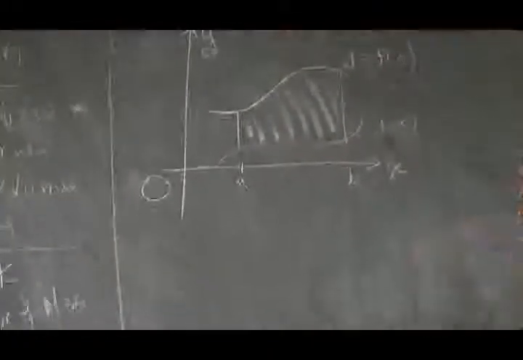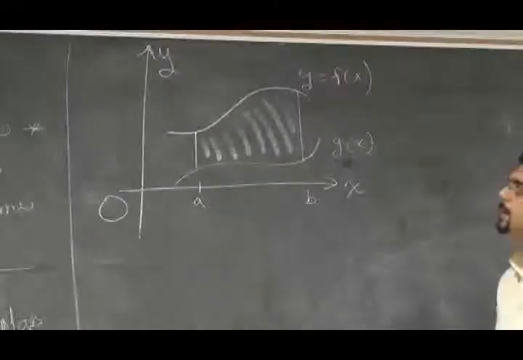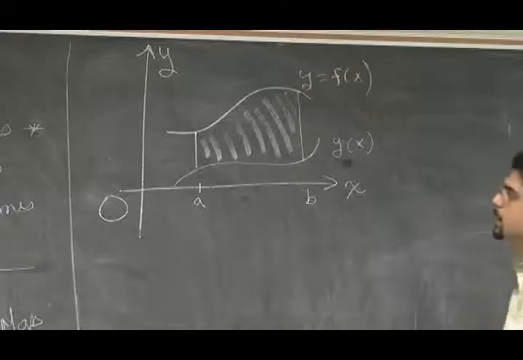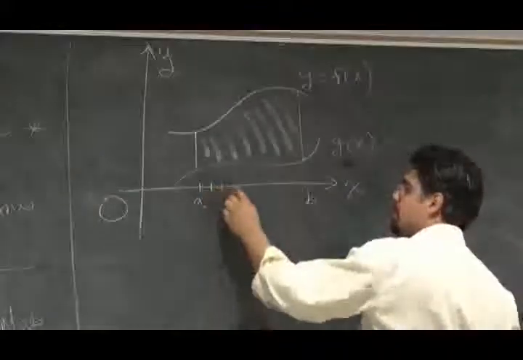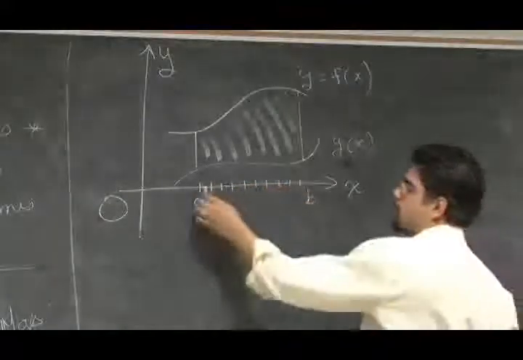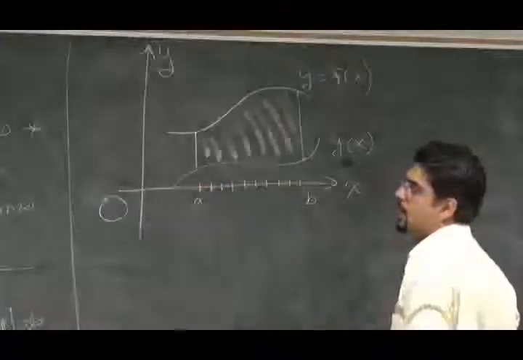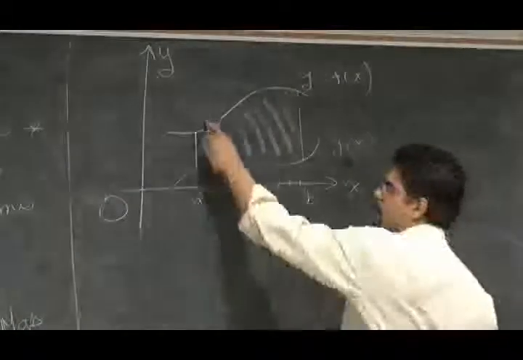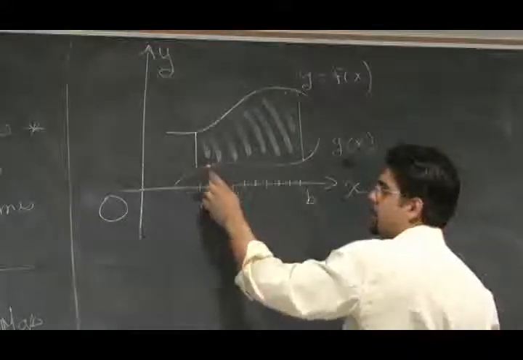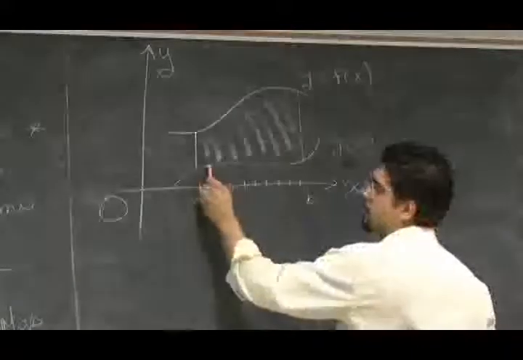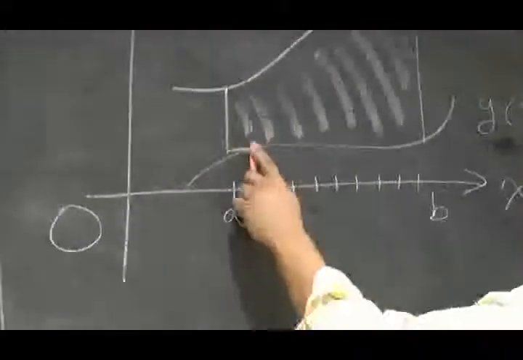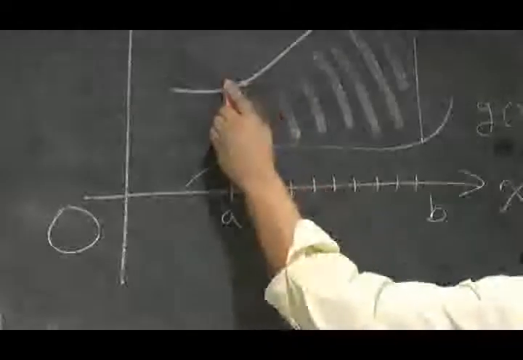The idea from before is just estimate the area with rectangles and then let there be a lot of rectangles. So having said that, we'd like to cut up our interval. For each subinterval, we'd like to draw a rectangle that estimates the area in that region. And what we could do is take a point in that interval to represent how high my base is, the bottom of my rectangle, and how high the top of my rectangle is.